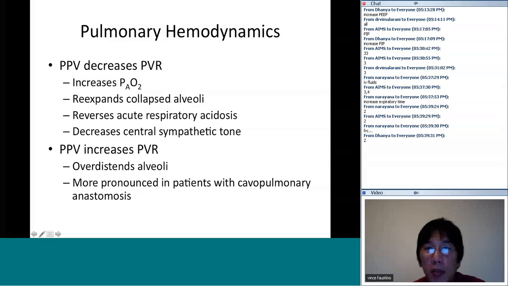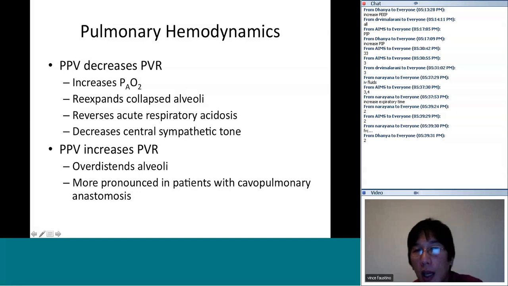So by improving your oxygenation, your PVR decreases. You re-expand your collapsed alveoli. Again, when your alveoli are collapsed, then your PVR is increased. You also have your component of hypoxia in that particular alveoli, so that goes back to this point.